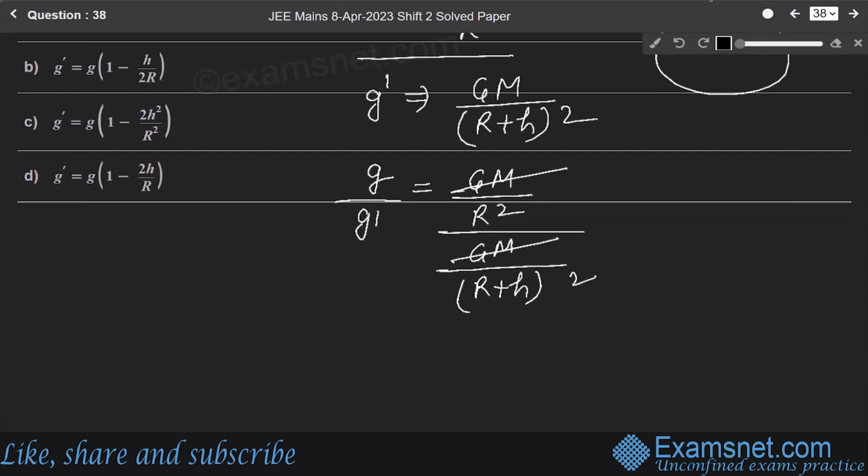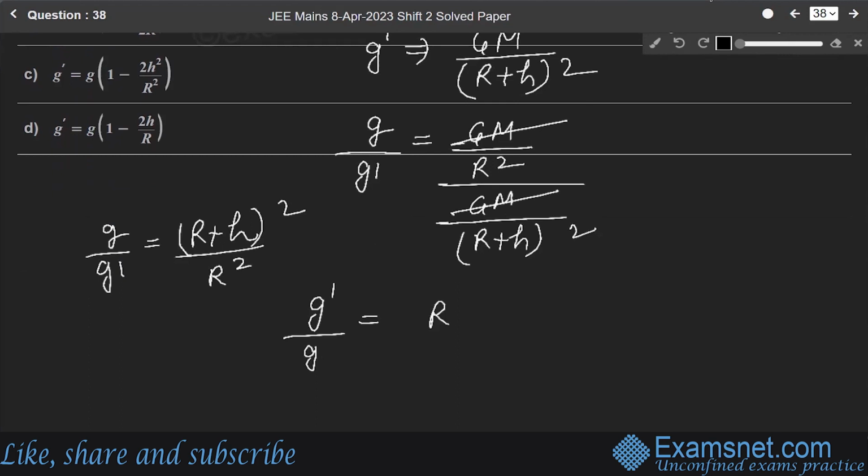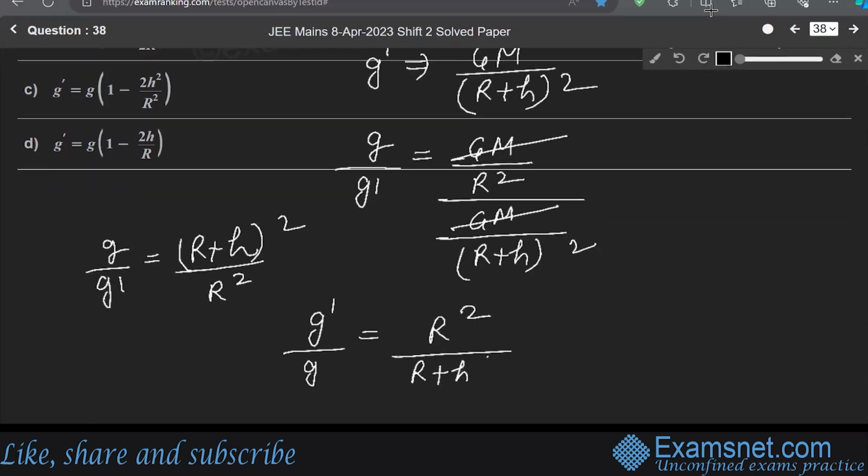This GM cancels out. So g over g dash becomes (R plus h) square over R square, or we can write g dash over g as R square over (R plus h) square.